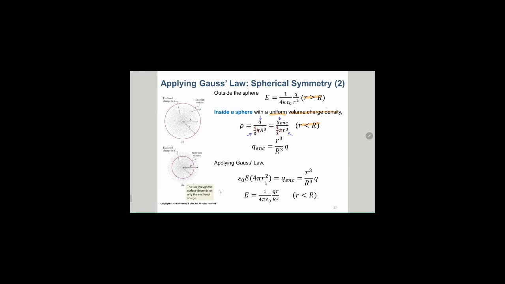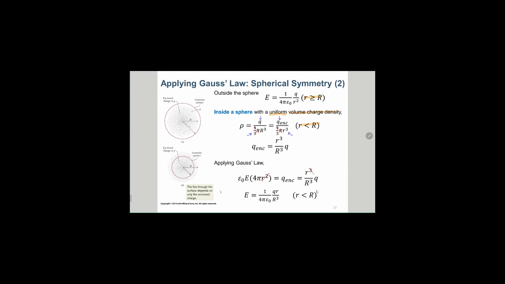On the left side, it is, as always, epsilon naught times E times 4 pi r squared, the E field times the surface area. And then for Q enclosed, we plug in this expression here. We can do some cancellation because we have r squared, so r cubed goes down to a single r.